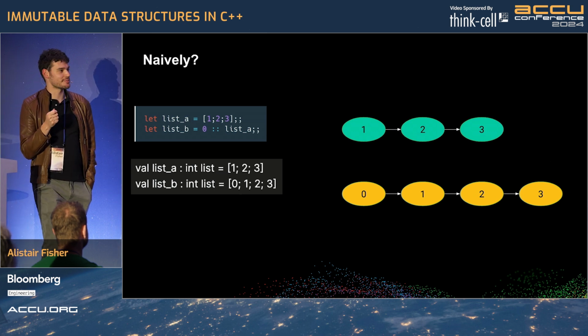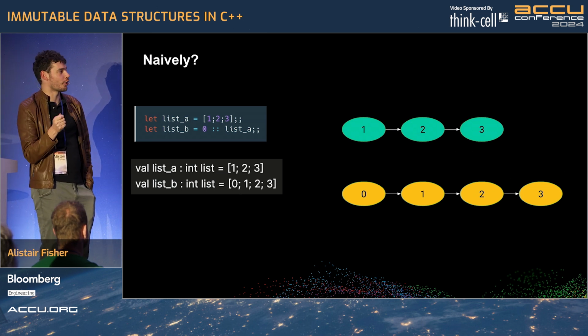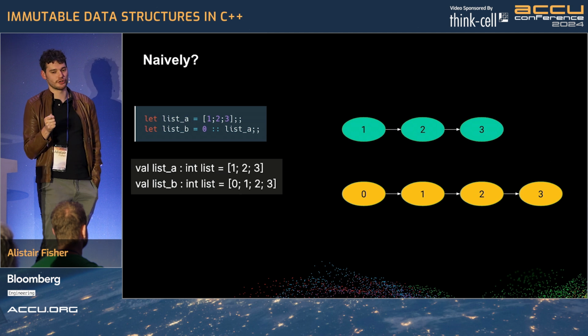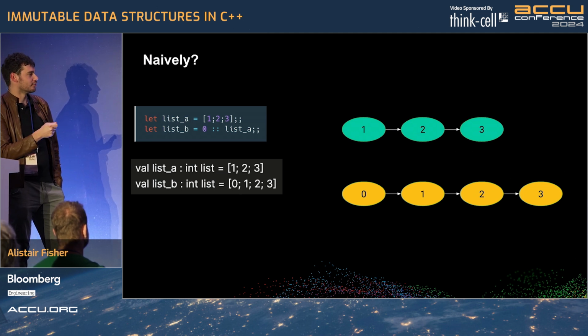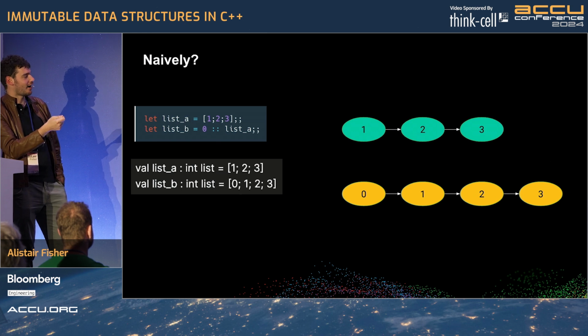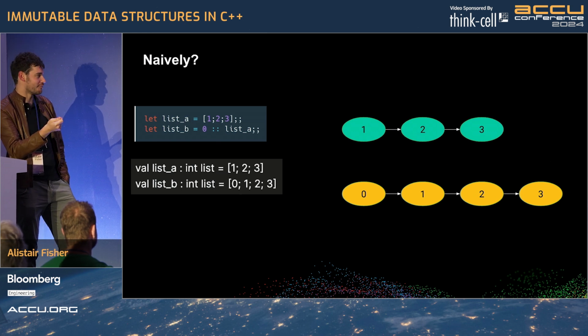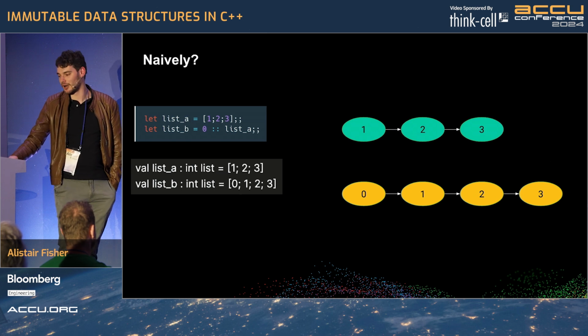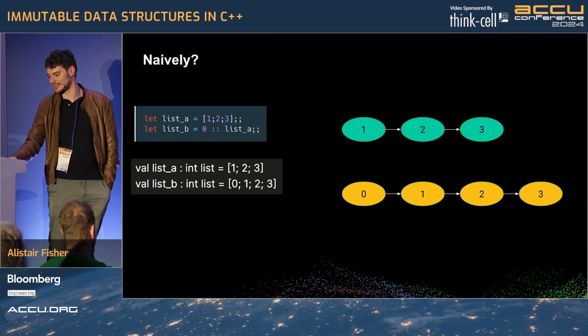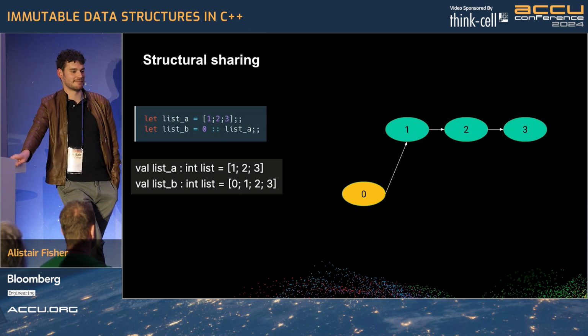But functional programmers are clever people, and they're going to exploit what I just told you. List A is 1, 2, 3, and list A is always going to be 1, 2, 3. So I've got a 1, 2, 3 in list B. I don't need to go away and make a brand new 1, 2, 3 for myself. I've already got one. So functional programmers are sneaky, and they will optimize by reusing list A as part of list B. This is effectively called structural sharing.